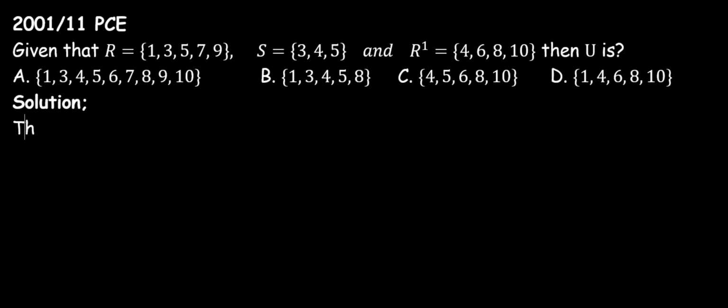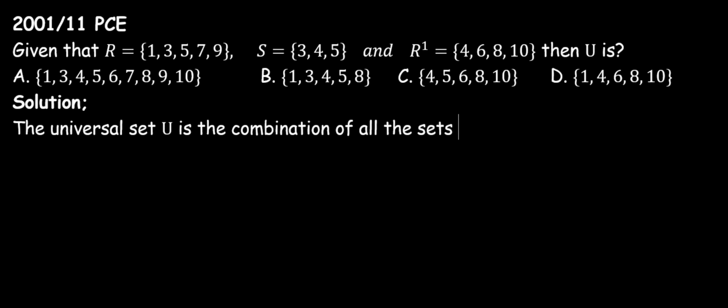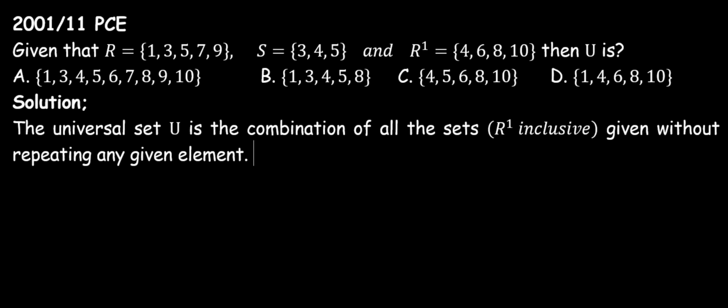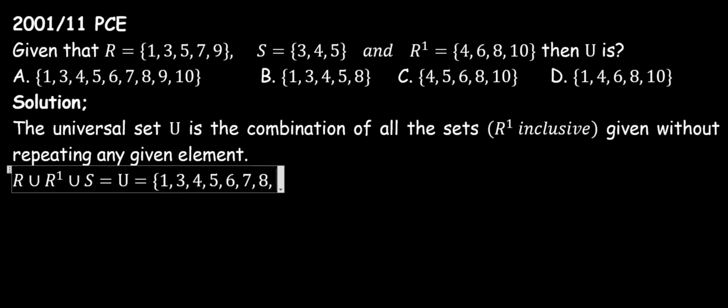The universal set U is the combination of all the sets, R complement inclusive, given without any repetition of elements. Thus, the universal set, which will be the same as R ∪ R' ∪ S, will be equal to 1, 3, 4, 5, 6, 7, 8, 9, 10.